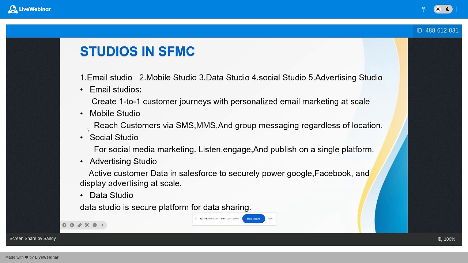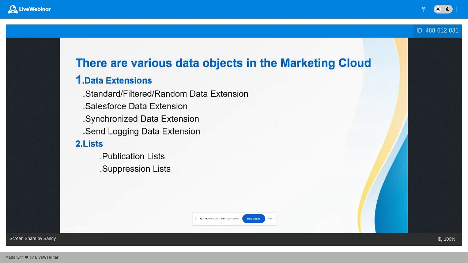Mobile Studio is for mobile, to reach customers via SMS, group messaging, and location. Social Studio is for social media marketing, to engage with your customers on Facebook and other social media. In Advertising Studio, we can advertise inside the Marketing Cloud. Data Studio is the secure platform for data sharing.